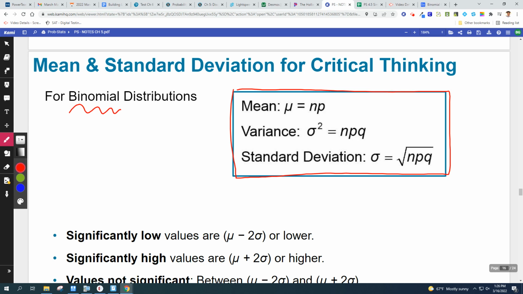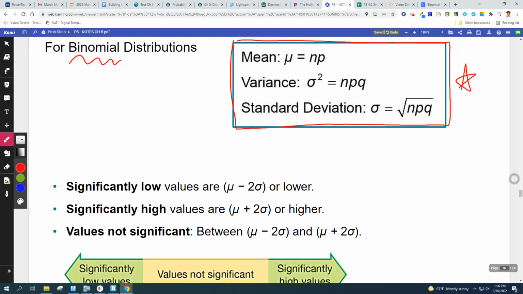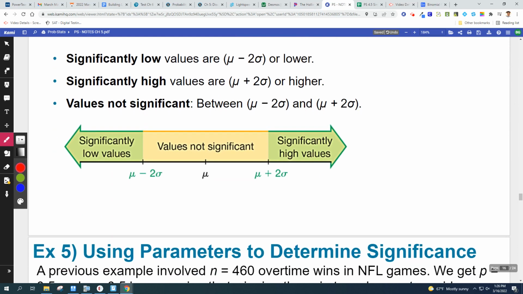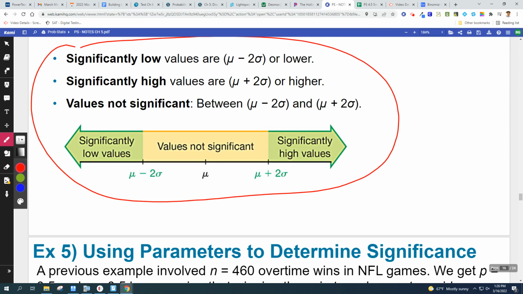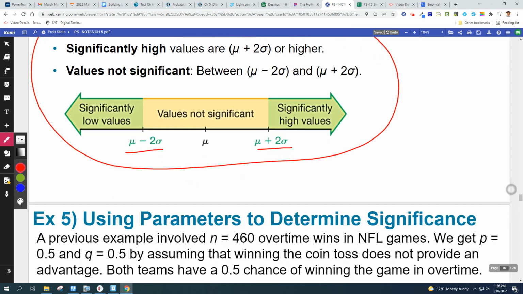But for binomial distributions, we've got these formulas, and that's going to make it nice because it's shortcuts, basically. We've talked about significantly low and high before. Remember, mu is the mean, and sigma is the standard deviation. So it's going to be the mean plus 2 standard deviations or minus 2 standard deviations.